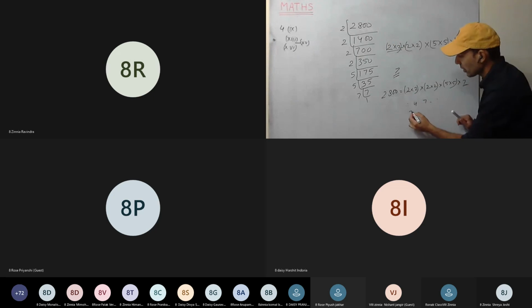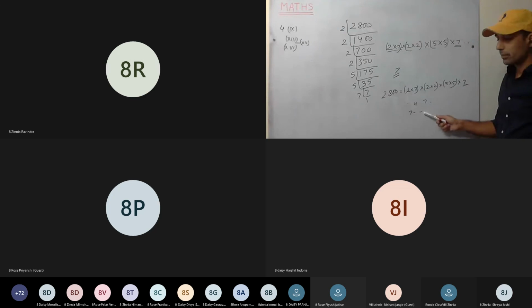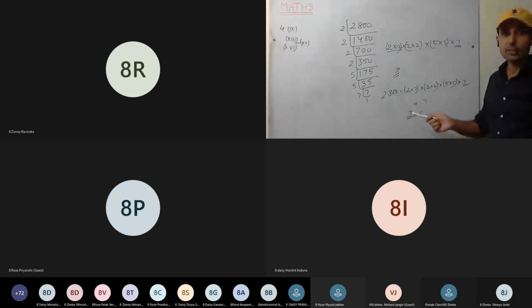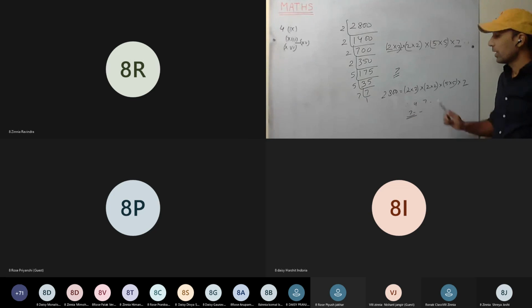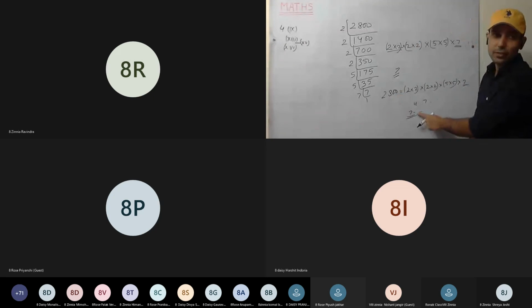Or you can simply write 7 is the number by which it must be divided. At last, you have to tell the examiner what your answer is. Consider the examiner as a fool, and then tell, yes, this is our answer. You have to show everything to the examiner.